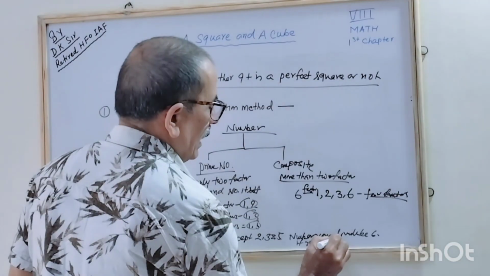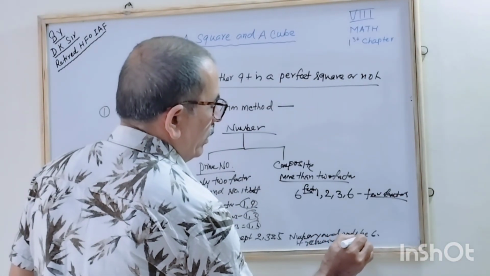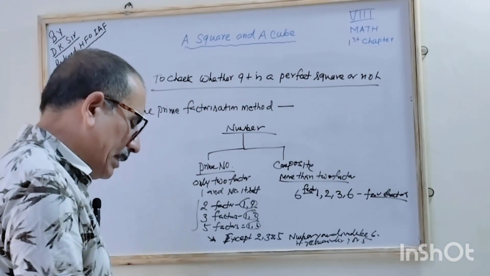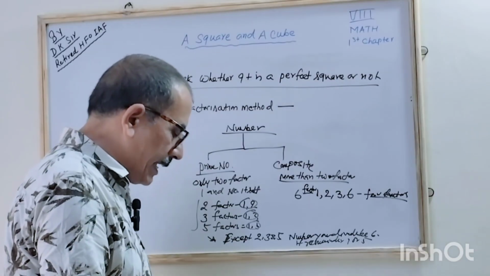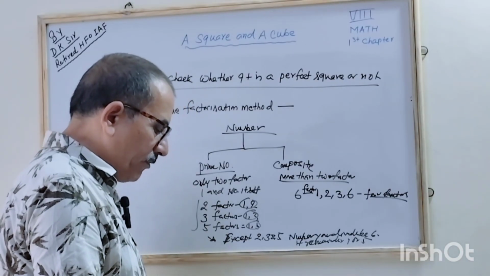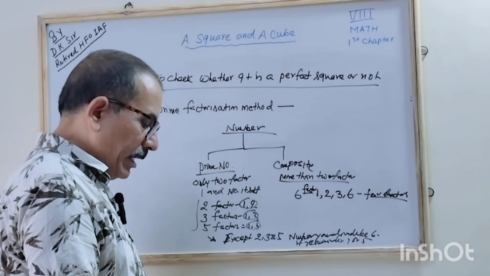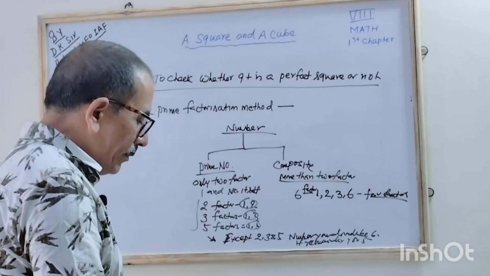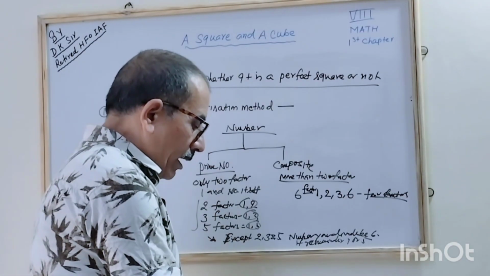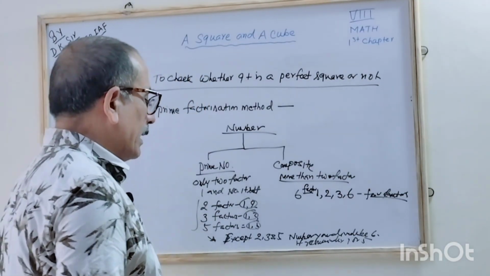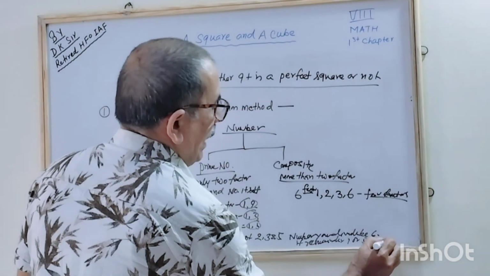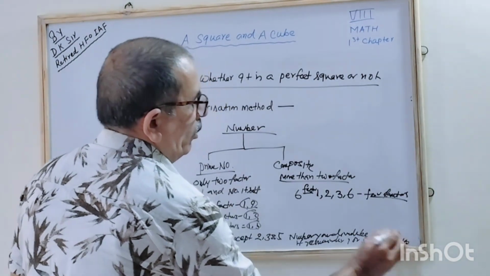If you get the remainder 1 or 5, then you should understand it is a prime number. Understood? I have put it in the short video.